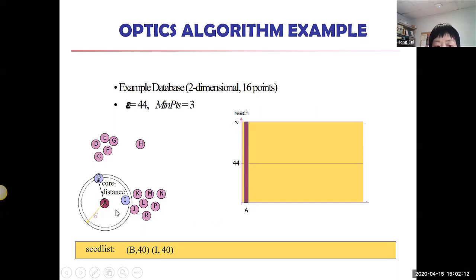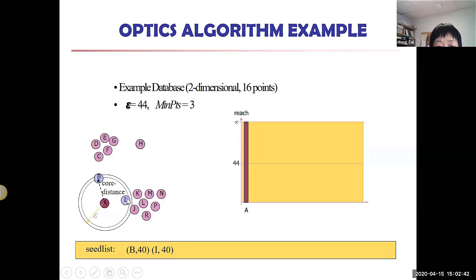So next, we're going to process the next data point on this seed list, which is B. Here what we see, the core distance is the distance that makes A a core point. This distance covers 1, 2, 3 points in A's neighborhood.